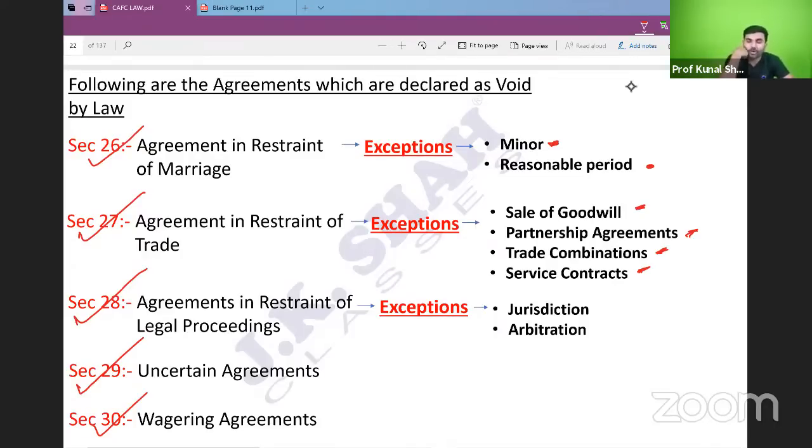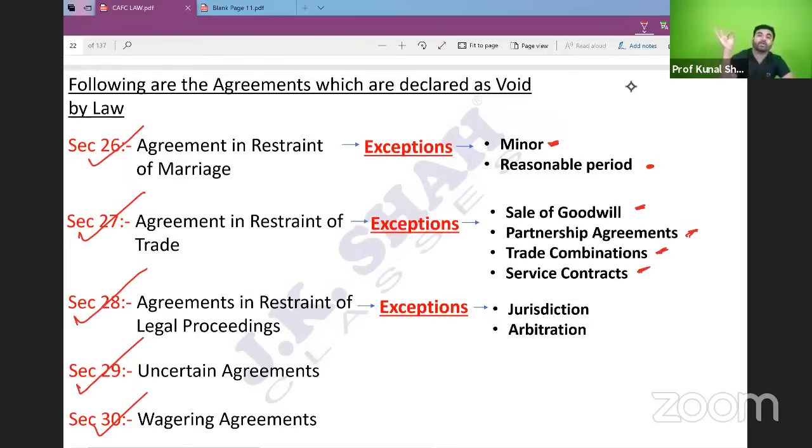Last, service contracts. A service contract is a contract between an employer and an employee, wherein the employer has a right to stop an employee from doing certain types of trading activities. Those agreements are again considered valid in nature. Generally, can you stop a person from doing trading activities? Law says no, not allowed.